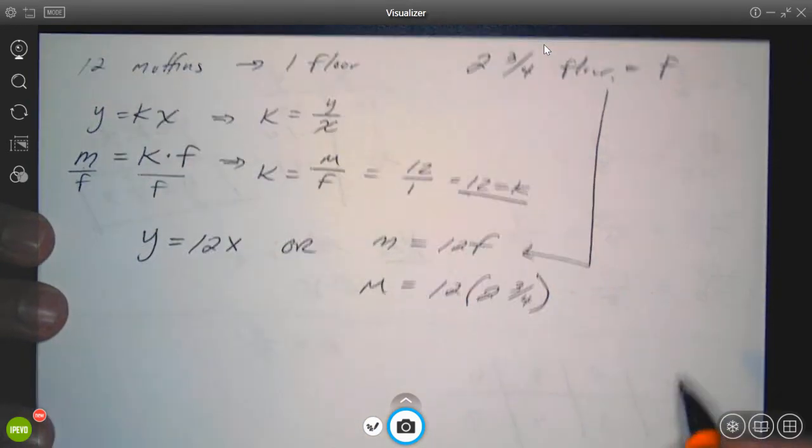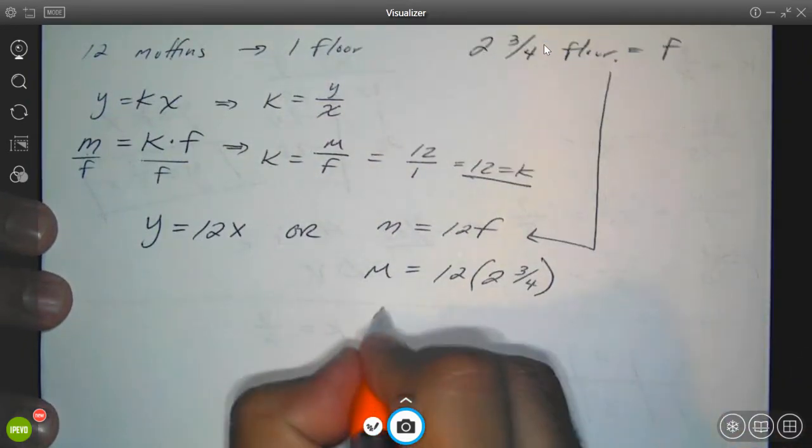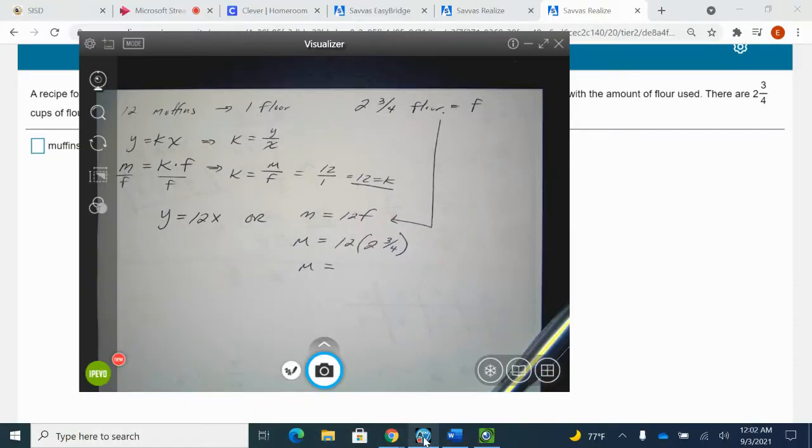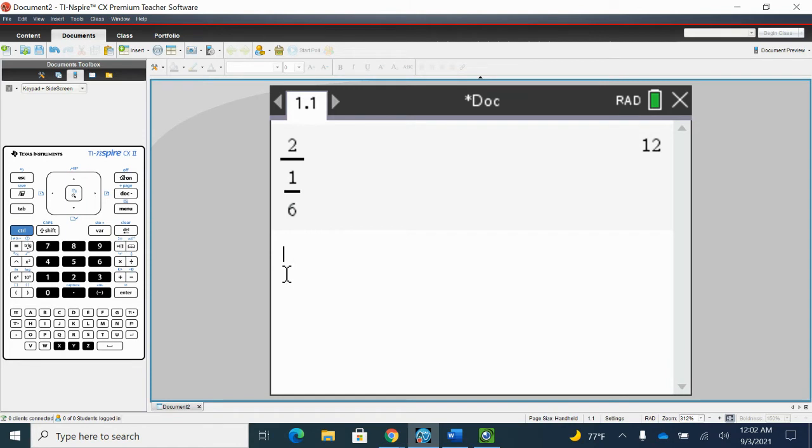Now be very careful and make sure you're using a calculator for this. I hope you understand that 2 and 3/4 should first be converted into a decimal or a fraction in your calculator. I'll use the calculator here. First I'm going to make 2 and 3/4 into an improper fraction, which is 11/4.